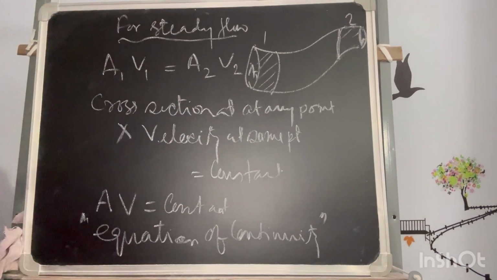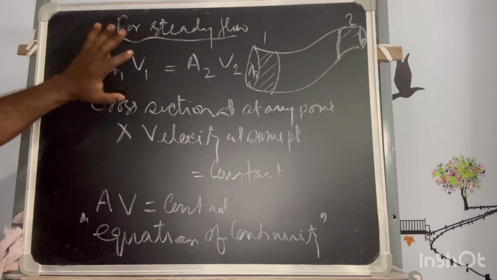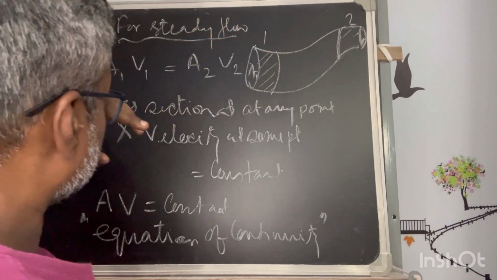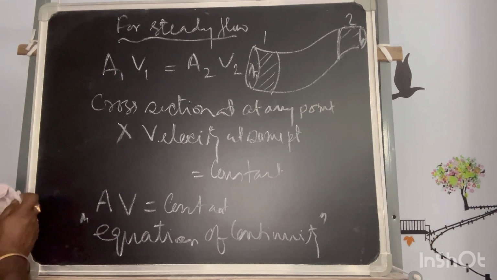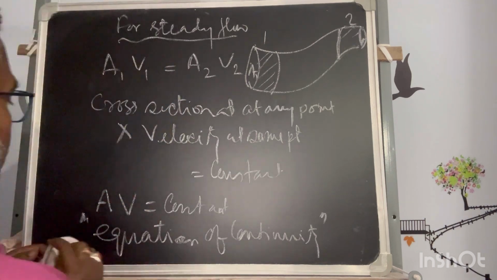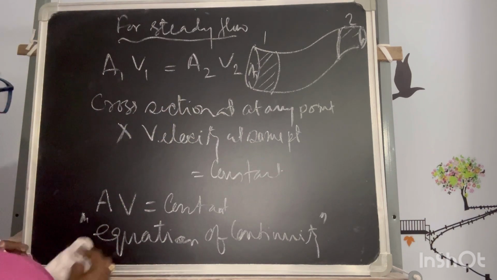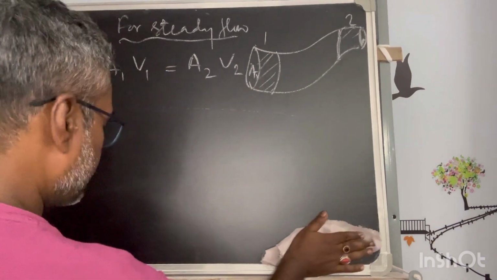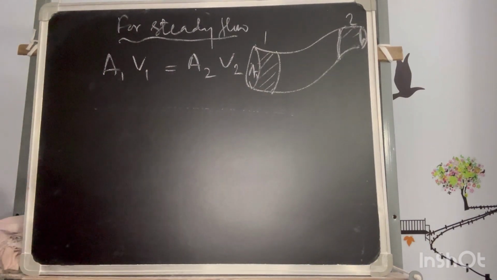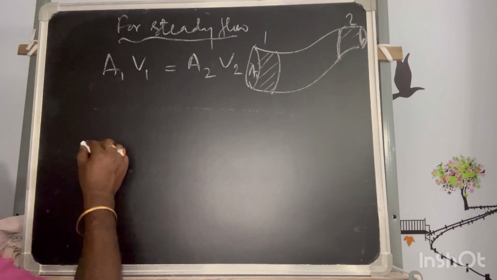Further to that, this has some further significance. What would happen if I consider that the flow path is being divided or clubbed up? There could be possibilities.